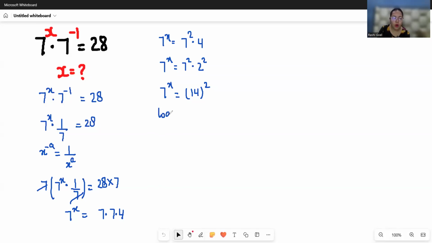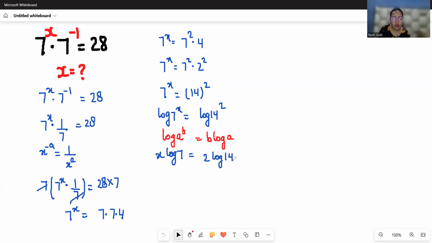Now if I take log on both sides, log 7^x equals log 14^2. As per the log rule, log a^b we can write as b log a. So it's x log 7 equals 2 log 14.